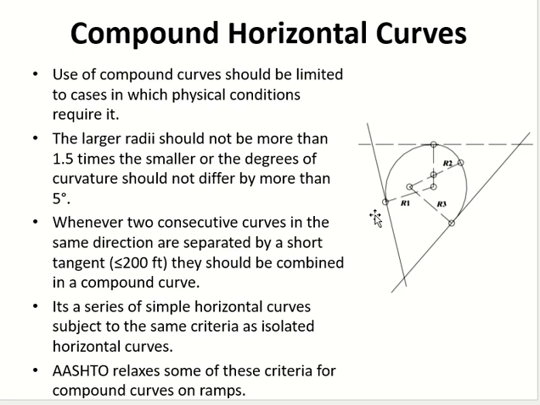If somebody did not give you the radius, they give you degree of the curve, then the difference between D1 and D2 should not be more than 5. If you have radius, you will check the ratio. If you have degree of the curve, you will check the difference. Clear? These values are applicable to highway compound curves. If you are doing it in a parking lot, then they have other standards. In that case, it can be more than this ratio or this difference.